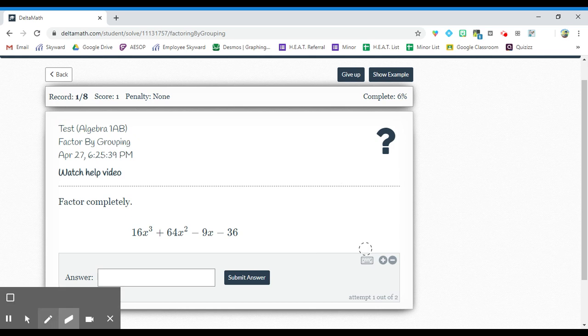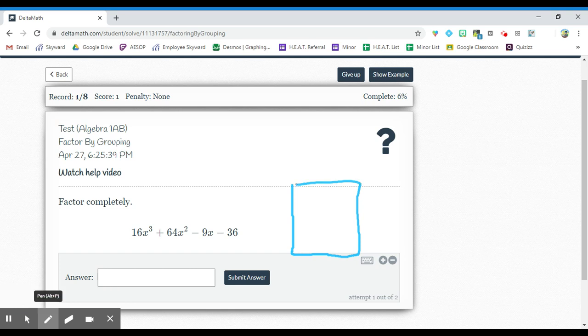Okay, so same deal. We're going to take each of these pieces and put them into a box. That's the easiest way to factor this because we've done these boxes in class before.